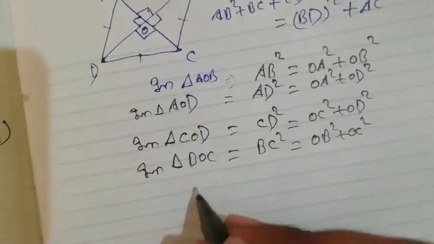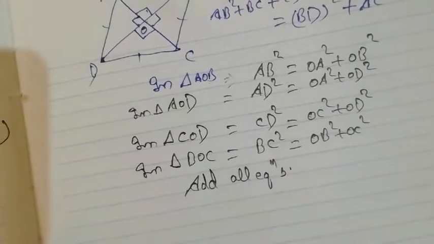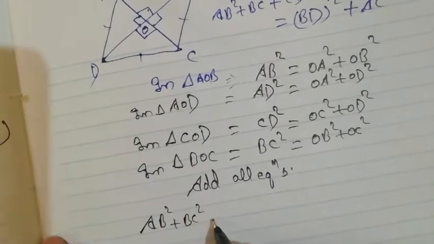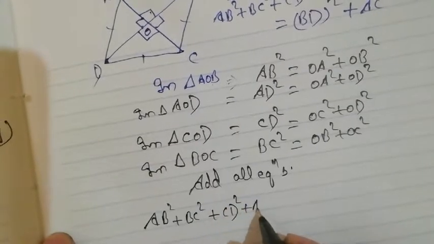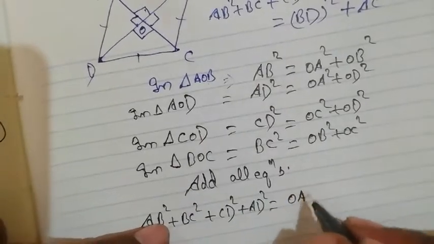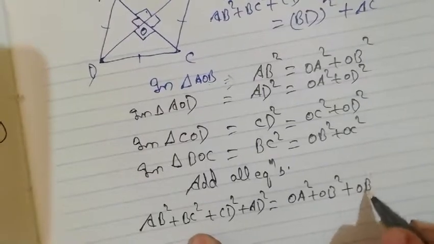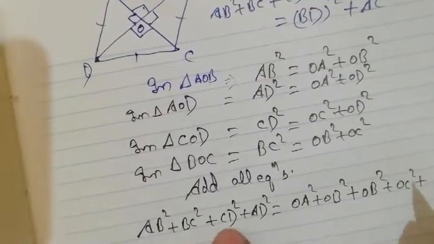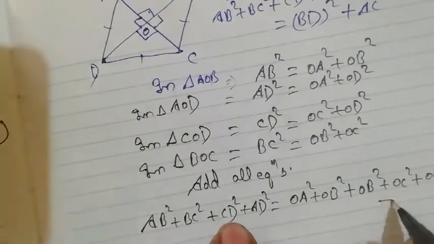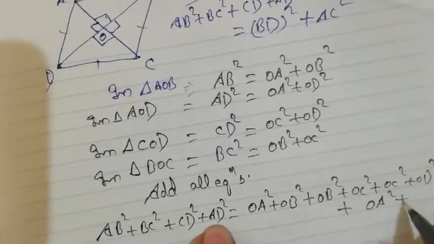Now we add all the equations. So from here we have AB square plus BC square plus CD square plus AD square is equal to, look, AB square is OA square plus OB square, plus BC square is OB square plus OC square, plus CD square is OC square plus OD square, plus AD square is OA square plus OD square.